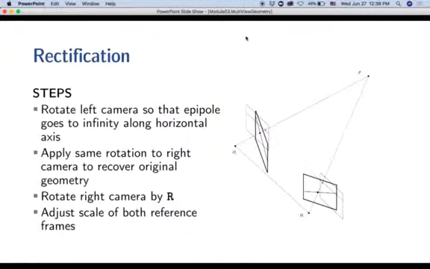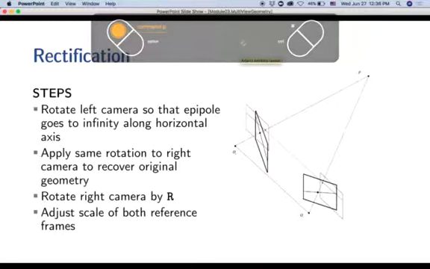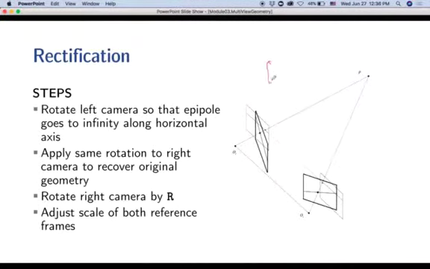I know what my epipole is, let's say, (e_x, e_y, 1). I'm trying to rotate such that this maps to (1, 0, 0), because (1, 0, 0) is the point at infinity along the x-axis.